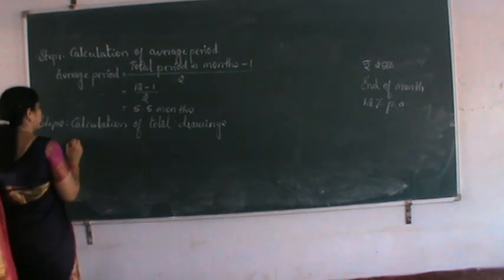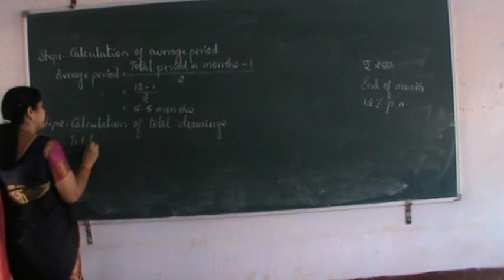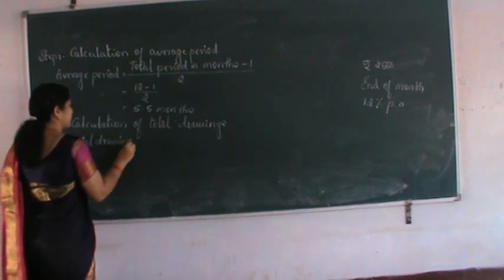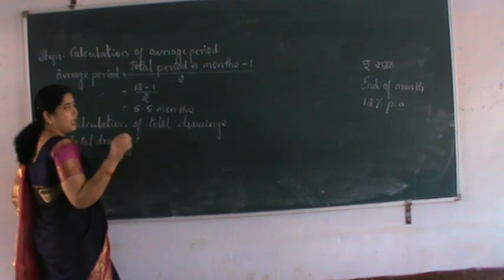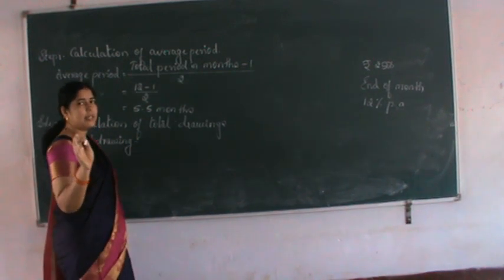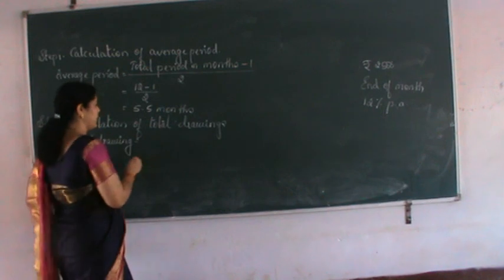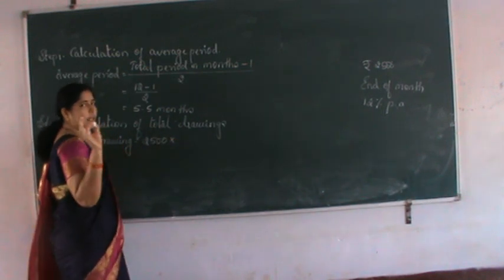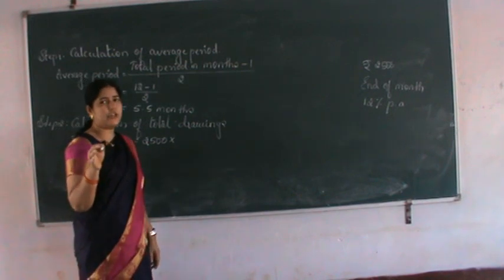So total drawings is equal to the amount which the partner has withdrawn every time, that is 2,500, into the number of times he has taken the drawings.